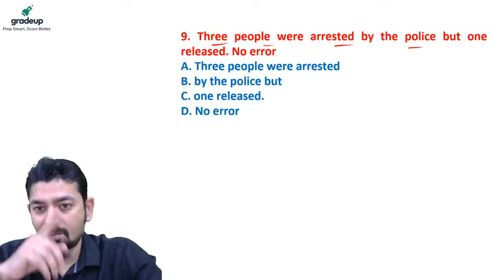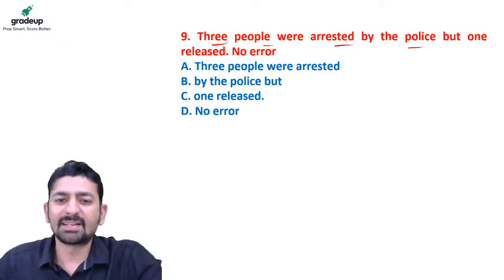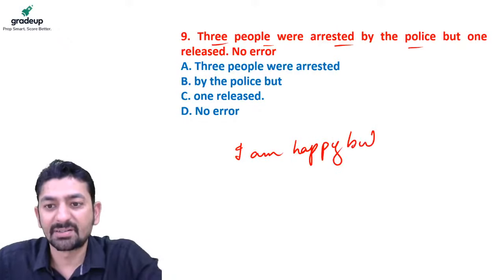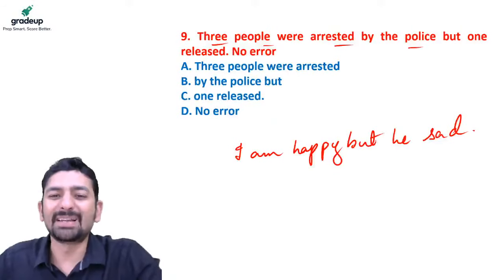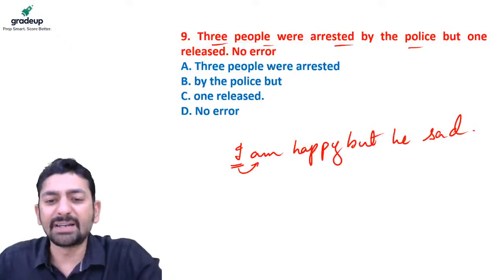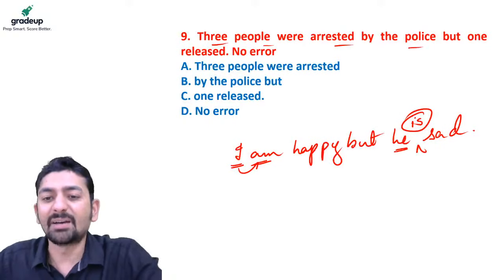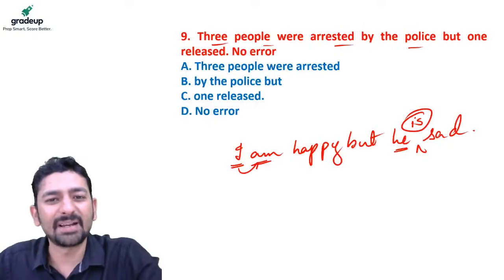Guys, look at this sentence. If I say, I am happy, but he's sad. I am happy, but he's sad. According to I, I have written am over here. So according to he, I have to write is. Otherwise, the sentence will be incorrect. I am happy, but he is sad, right?